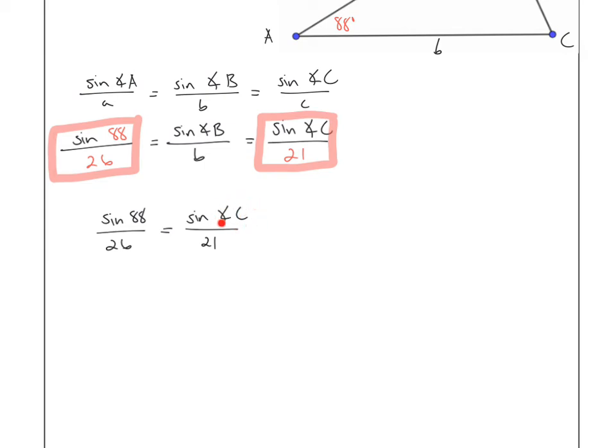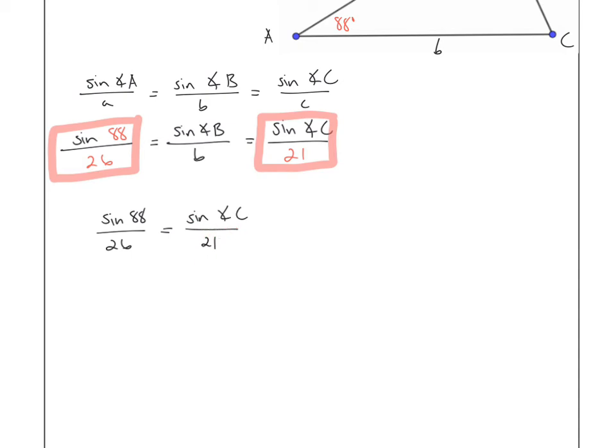So what we are trying to solve for, keep in mind, is angle C. If the variable is on the right side of the equation, then I want to get rid of everything that's on the right side of the equation. So I want to get rid of this 21, and I also want to get rid of this sine. In order to do that, I need to do the opposite operations for both of these. Now, I know some of you like to read this as sine of angle C over 21.